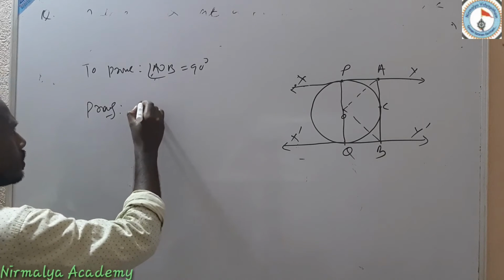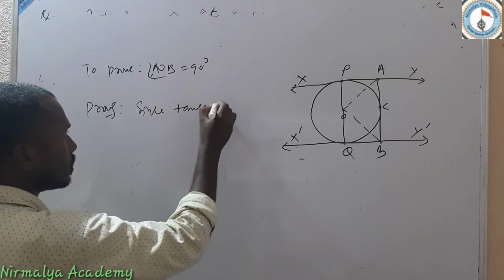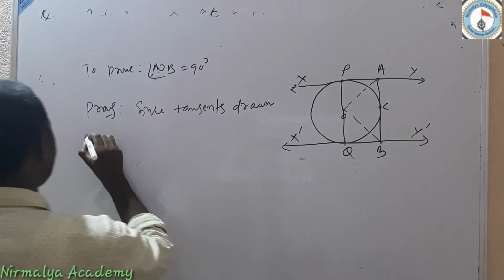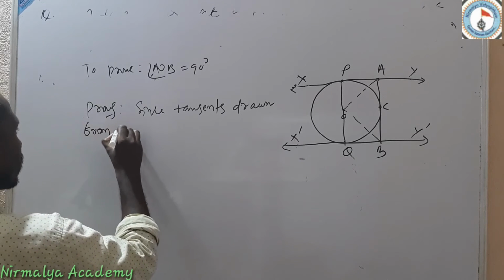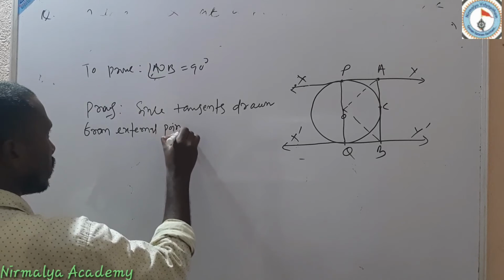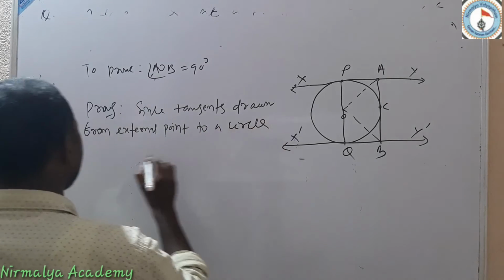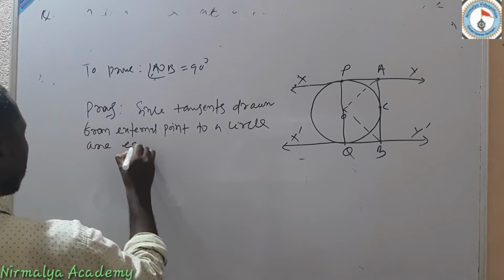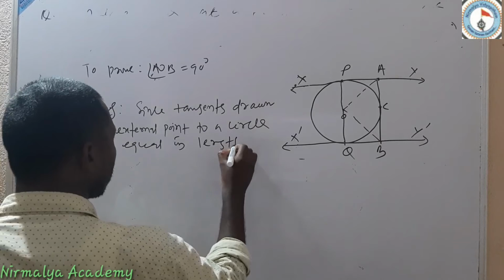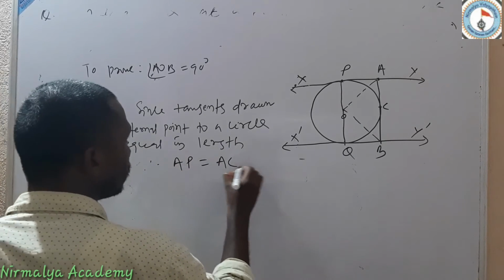Since tangents drawn from an external point to a circle are equal in length, therefore AP equal AC.